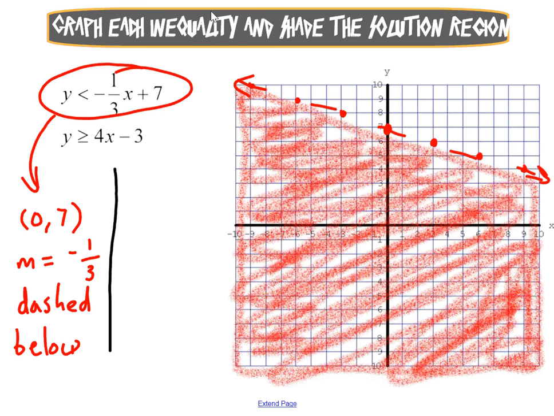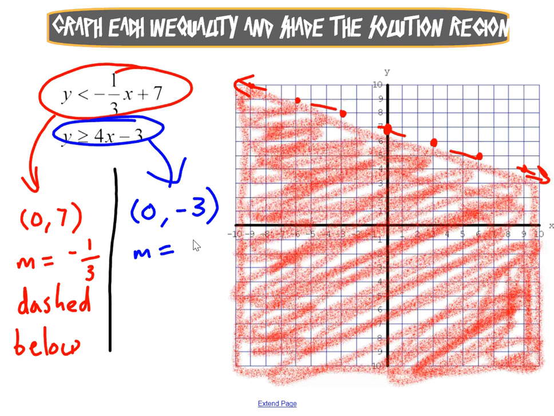So we have our slope is 0, negative 3. I'm sorry, that's our y-intercept. Our slope is 4 over 1. It's going to be a solid line, and it's going to be shaded above. So (0, -3) is right there. I go up 4 over 1, up 4 over 1, up 4 over 1. I can do the same thing backwards.